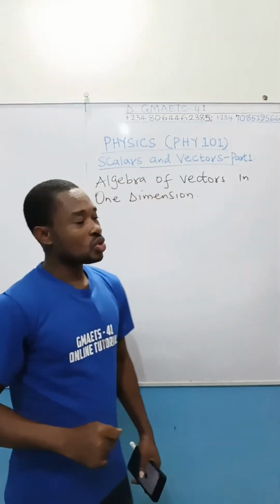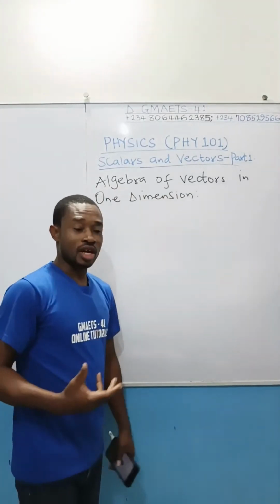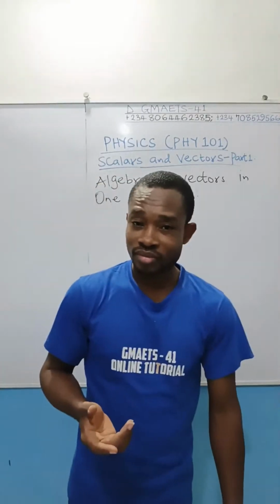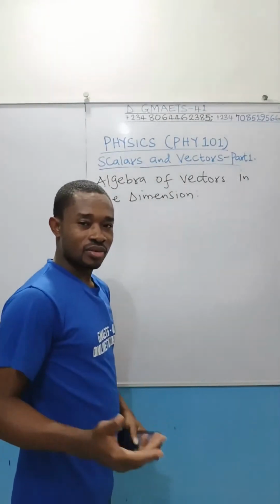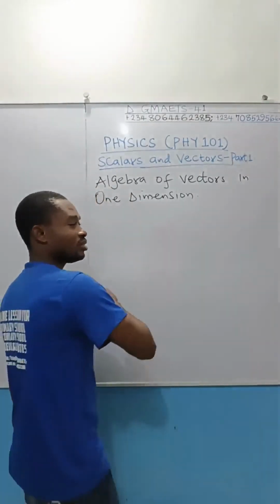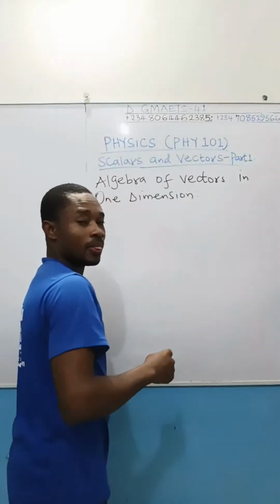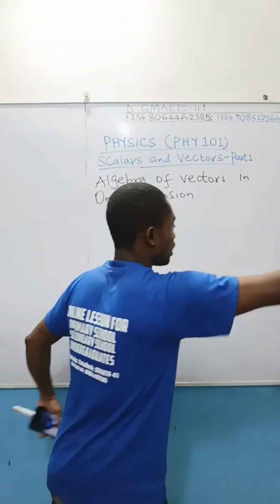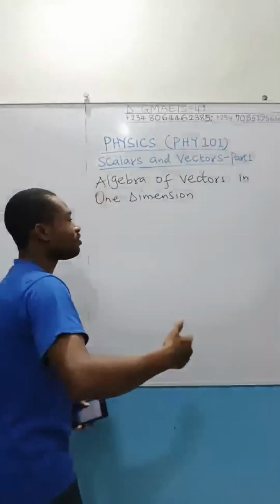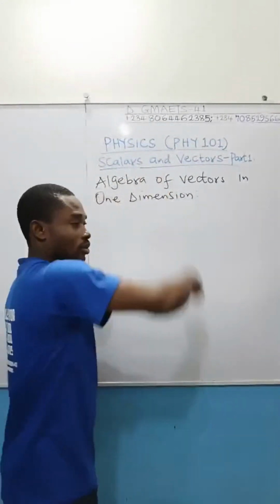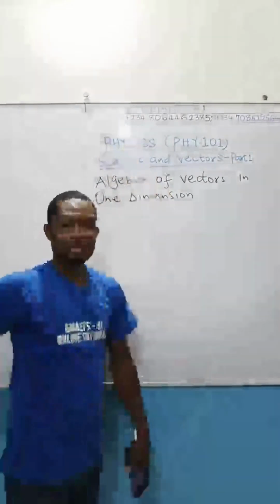Now, this is one thing you want to know about vectors in one dimension. If I'm giving you a question, or an examiner is giving you a question, it is either they tell you that the quantity representing the vector is moving east-west, that is horizontal, or that the quantity is moving up and down, that is north-south, along the y-axis.